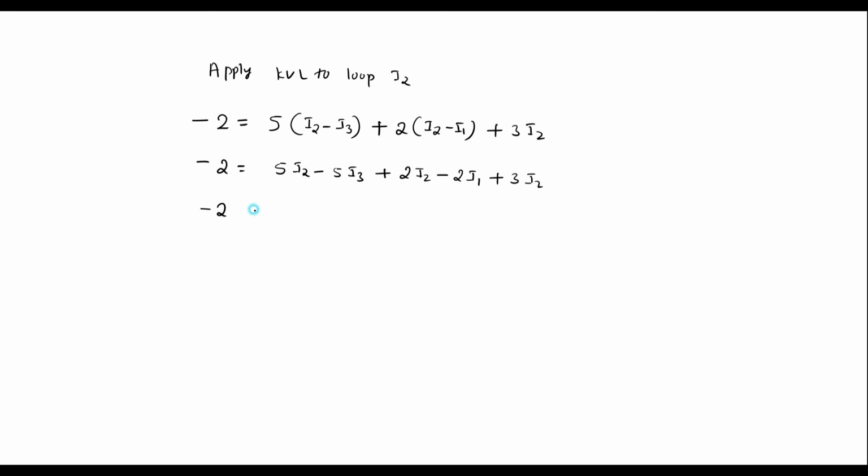Writing in order: minus 2 I1, then 5 I2, 2 I2 and 3 I2, that is 5 plus 2 plus 3, that is 10 I2, then minus 5 I3. Let me call it equation 2.